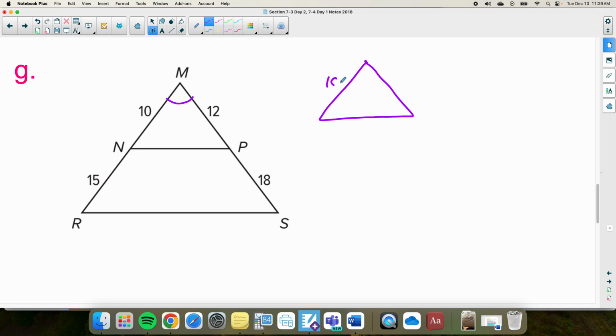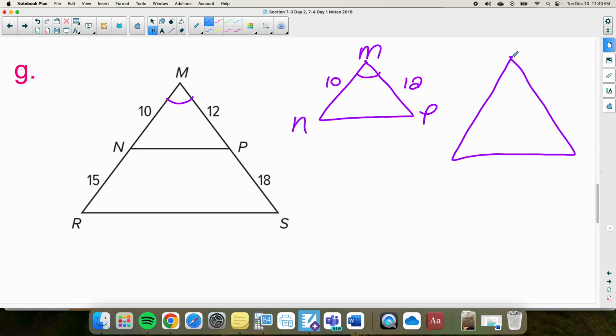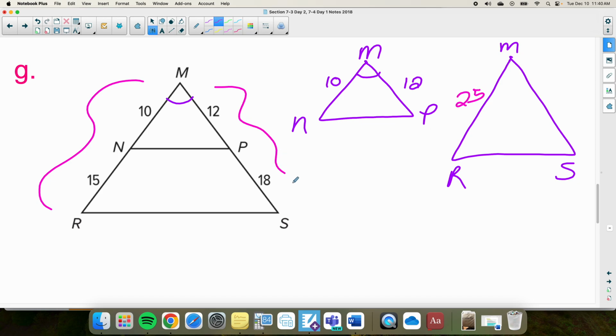So this is 10, this is 12, this is M, N, P, and that has angle M. Then over here, I have M, I'm gonna do the whole triangle, R, S. What do you guys think this side is gonna be? 25. Yep. And how about this side? 30. Okay. And so we have our two angles because they both have angle M.